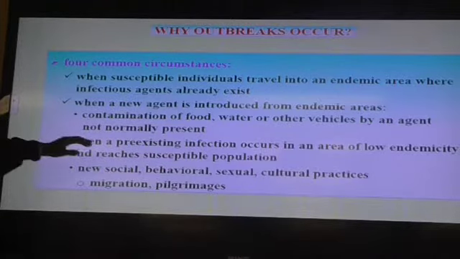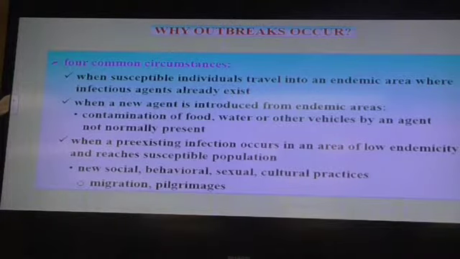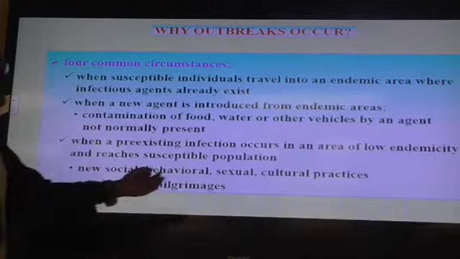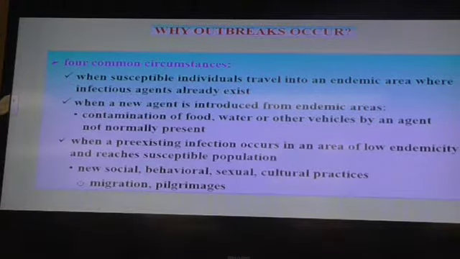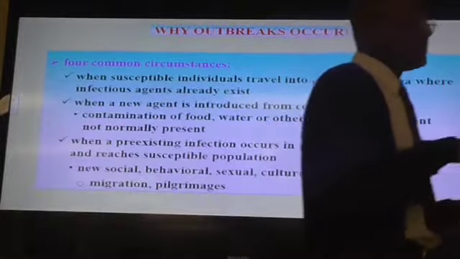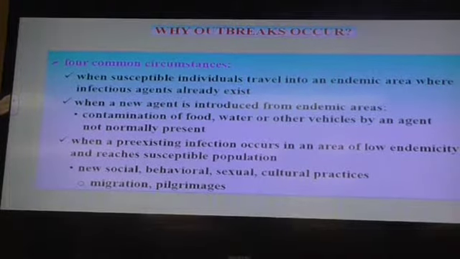The third one is where the infection is present in an area, but it can occur in an area of very low endemicity and then reach a susceptible population. So you have a geographic area where we already have the disease, but some areas have a very low level of that disease, which we call low endemicity.